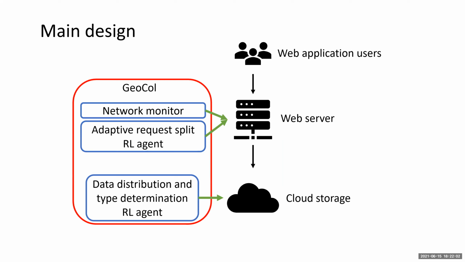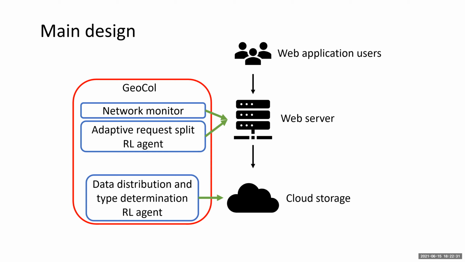So here is the overview of our system. The structure is that the web application user sends a request to the web server, and the web server sends a request to the cloud storage to retrieve the requested data objects. In GeoCol, there are three parts. The first part is the network monitor, which monitors the network information and provides it as the input of the two RL agents.